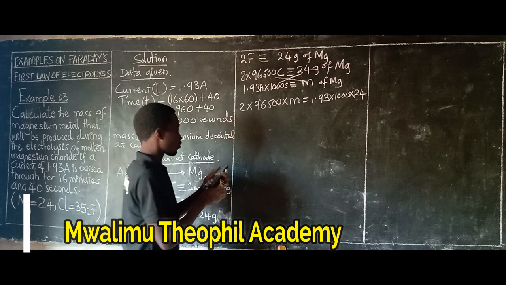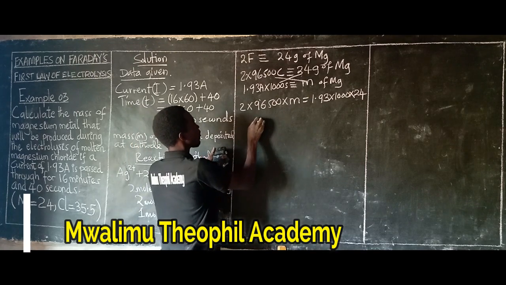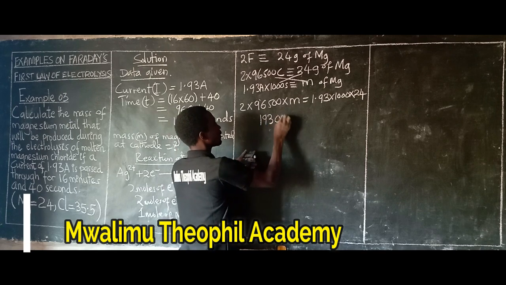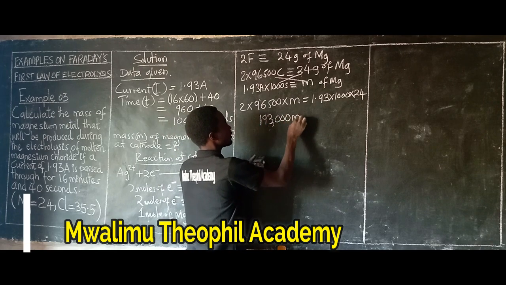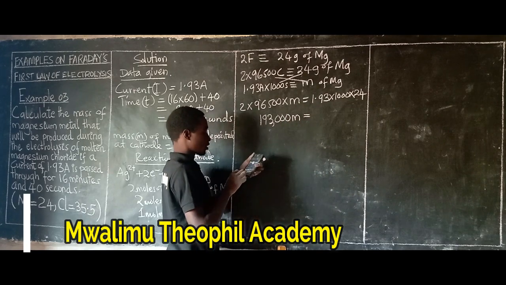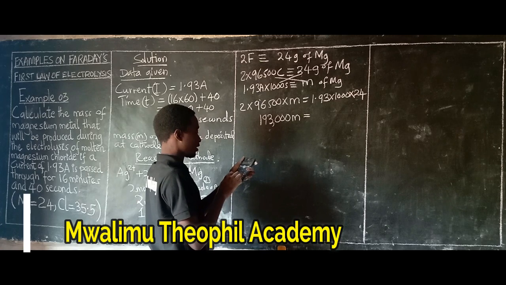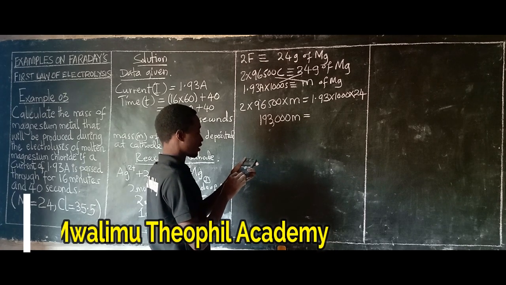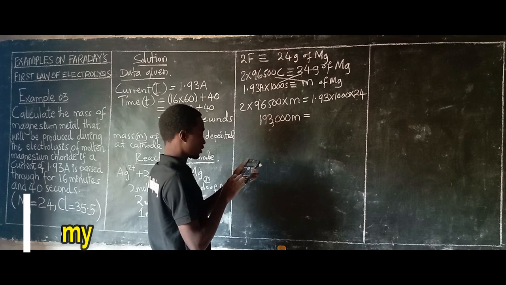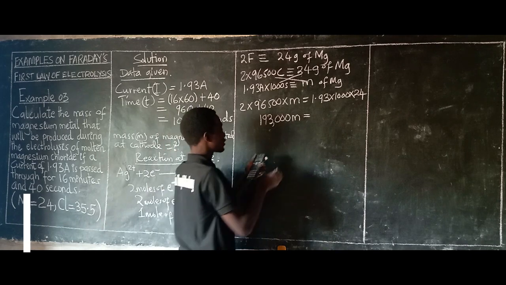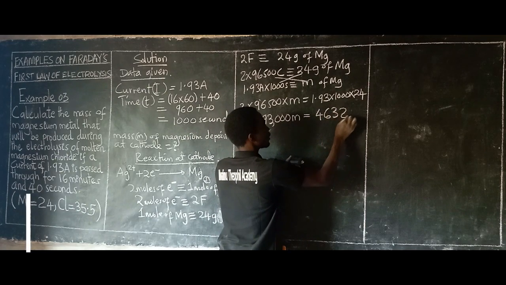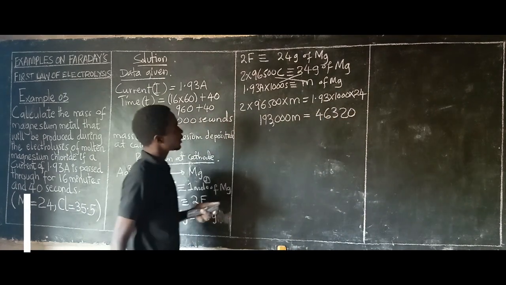Here it brings 193,000 M, as M is not known, is equal to 1.93 times 1,000 times 24. Here you get 46,320.